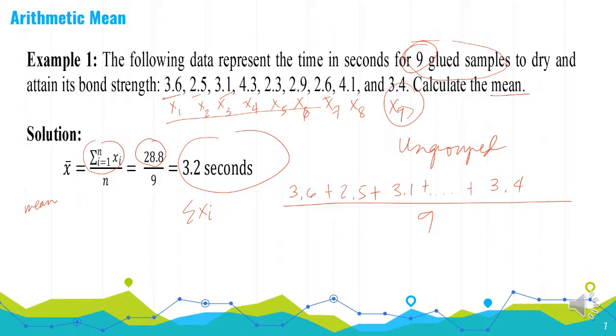So, sasabihin mo dun sa iyong study, dun sa iyong manuscript, based on the glued samples, the researchers have experimented to try, no? It is seen that in a matter of approximately 3.2 seconds, the samples attain their bond strength.